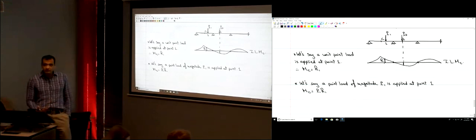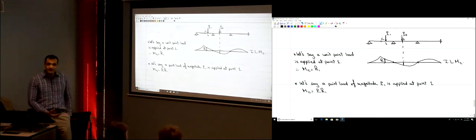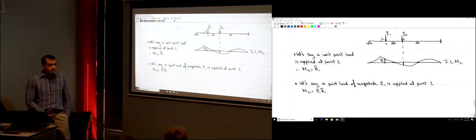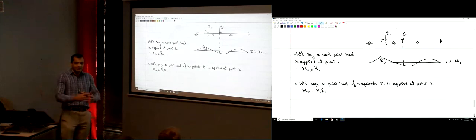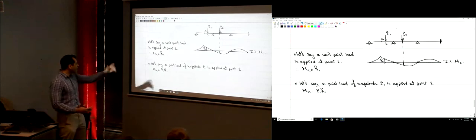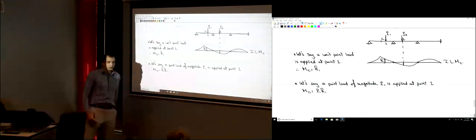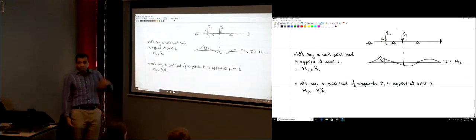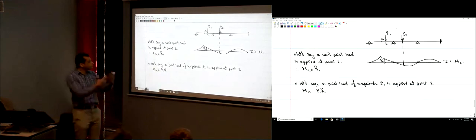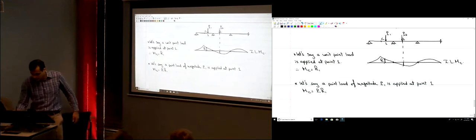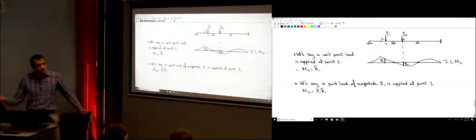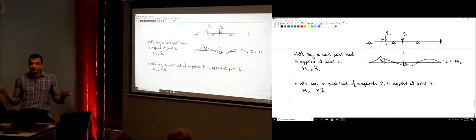Can I still use the influence line? Yes, superposition. Add them together. The effect of P1 is P1H1. The effect of P2, that's why it's called the influence line, is P2 times H2. You have both applied together, then add the influences together.